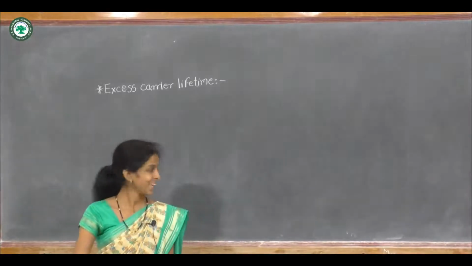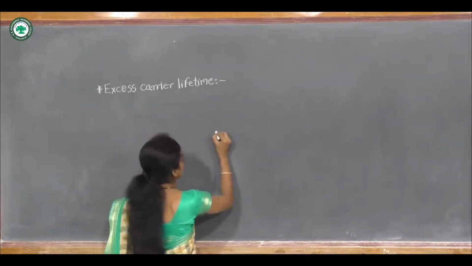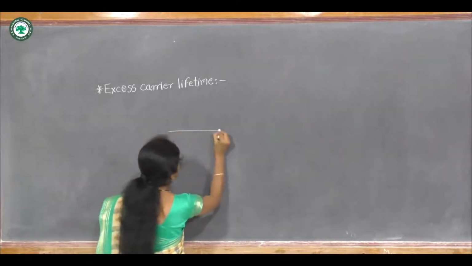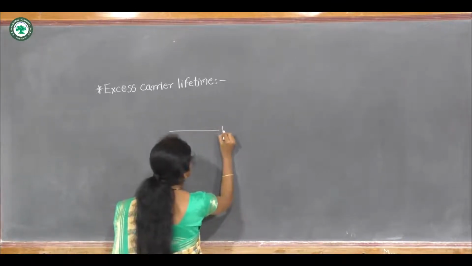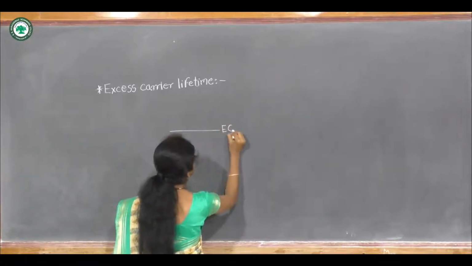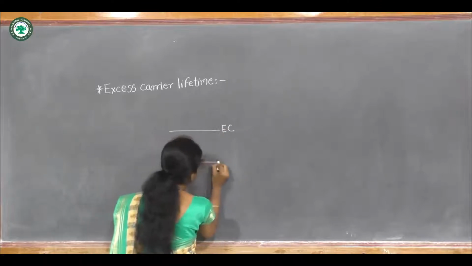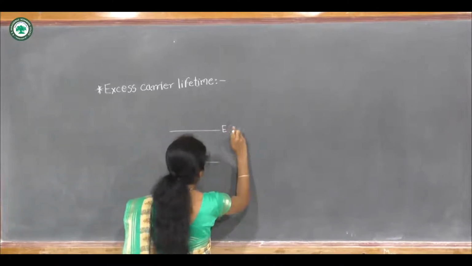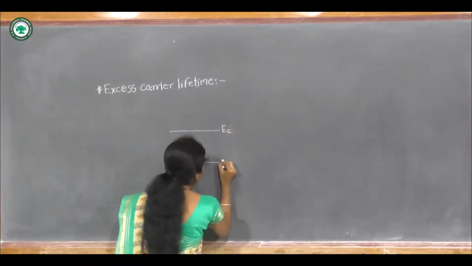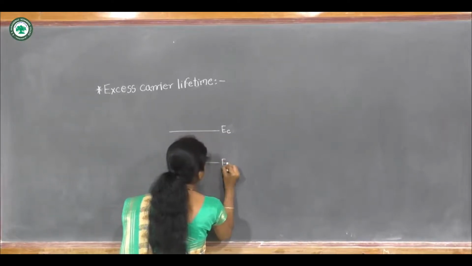Let's say this is the conduction band edge denoted by EC, and this is the valence band edge denoted by EV.